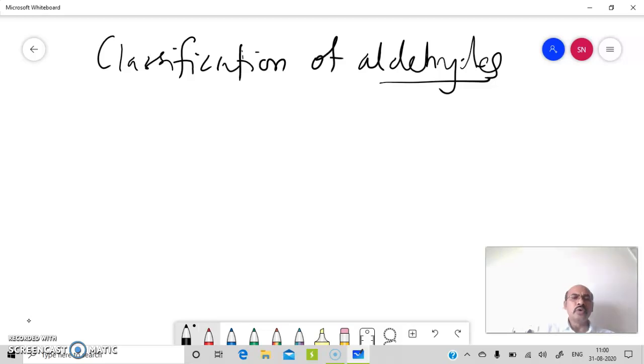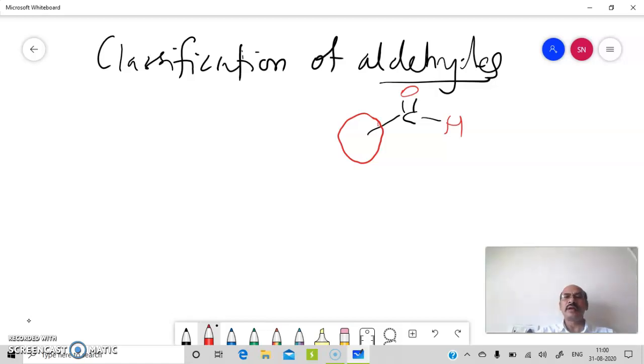Okay, so how to classify them? Their functional group is fixed, and that functional group is carbon, double bond oxygen, and connected to hydrogen from the other side. Then on what basis are they classified? They are classified on the basis of the carbon skeleton present there on the unused valency at the carbonyl carbon.